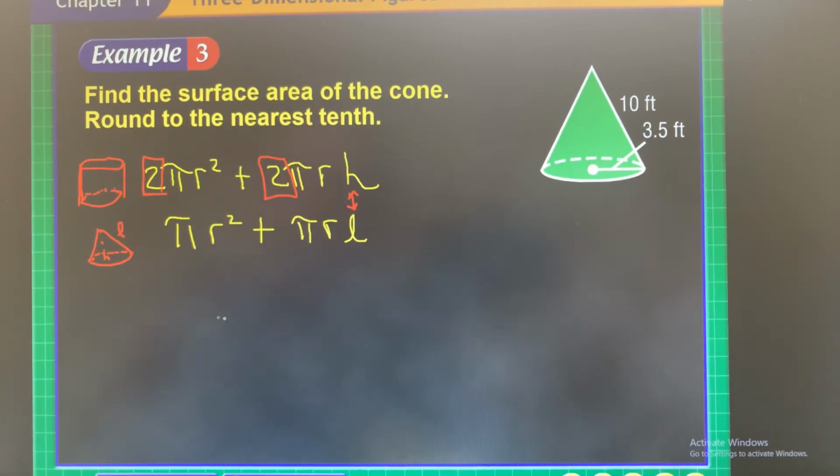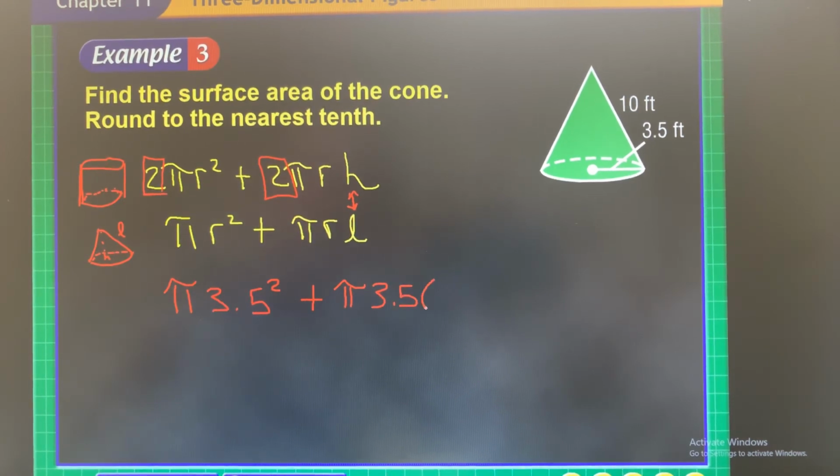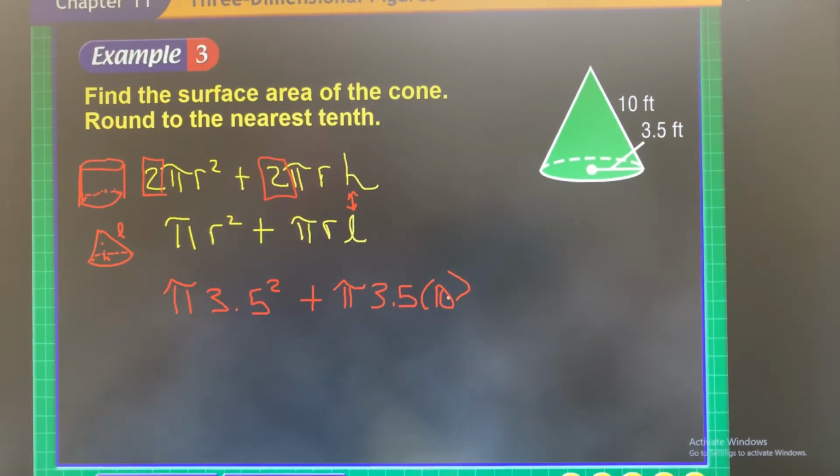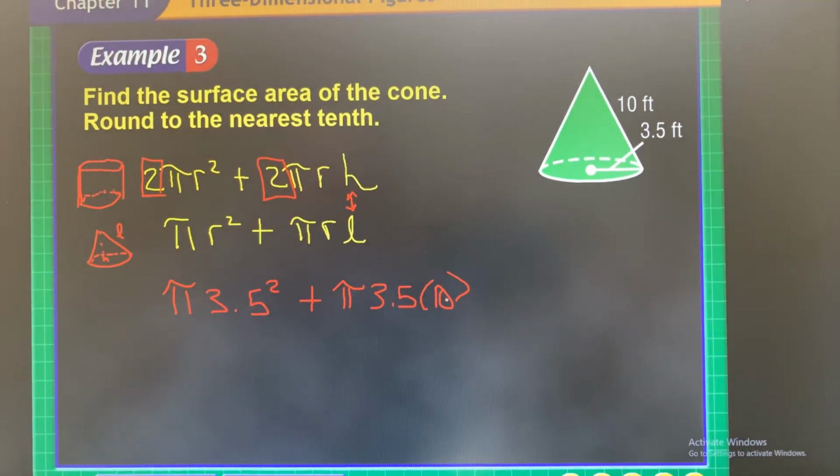So for my formula, I'm just going to go pi r squared plus pi r times 10. And make sure you pay attention to what you need to round to.